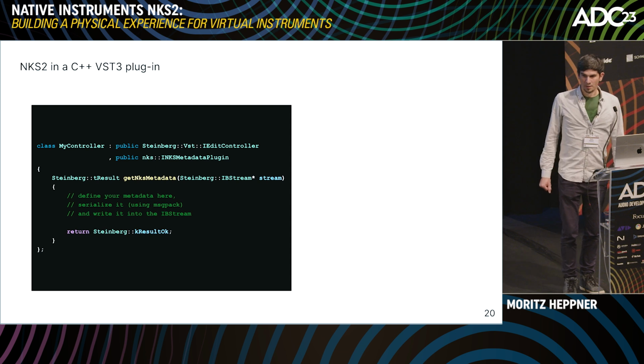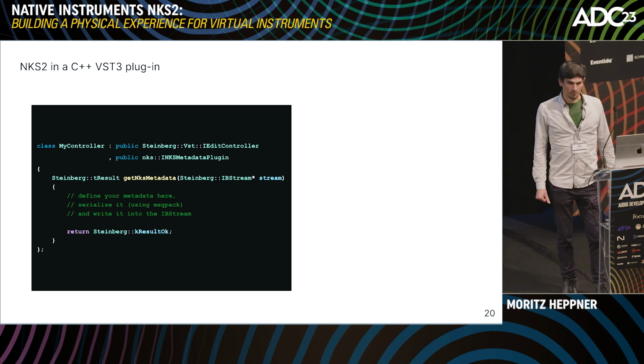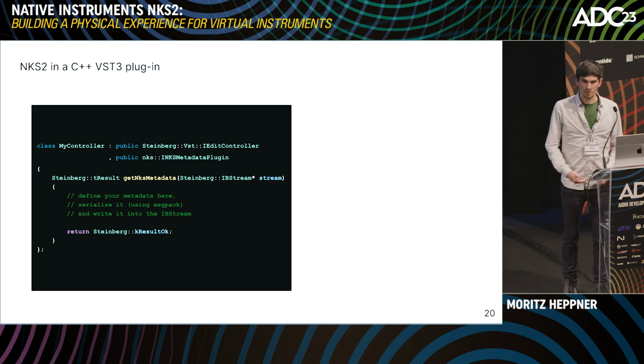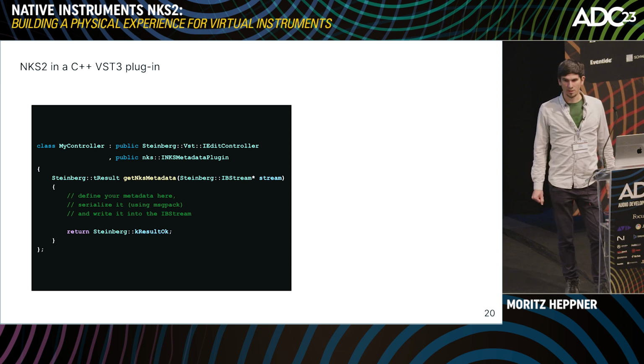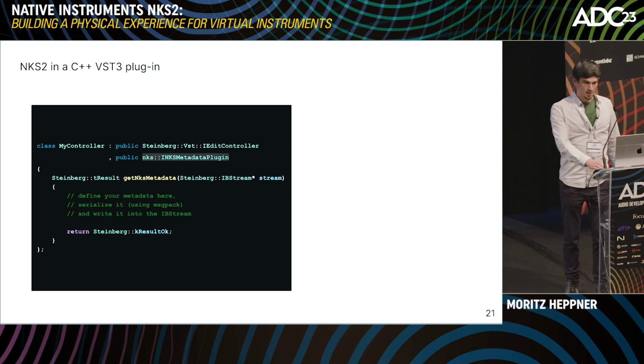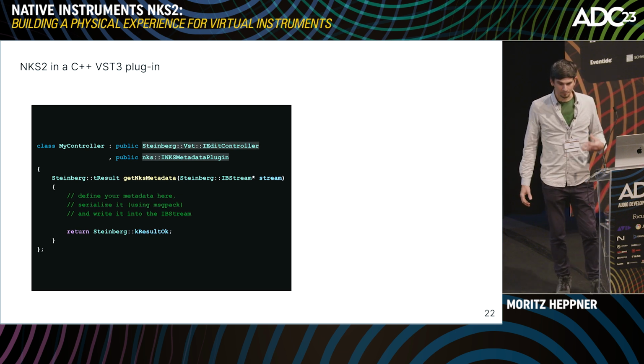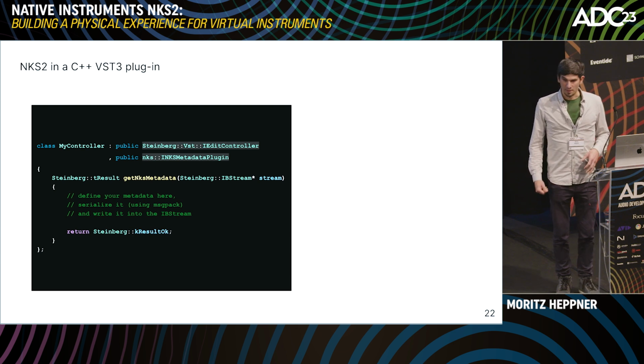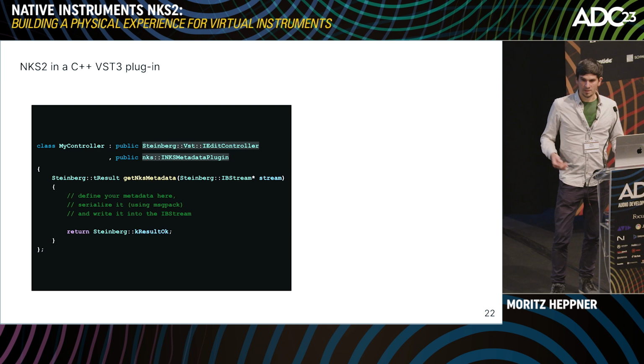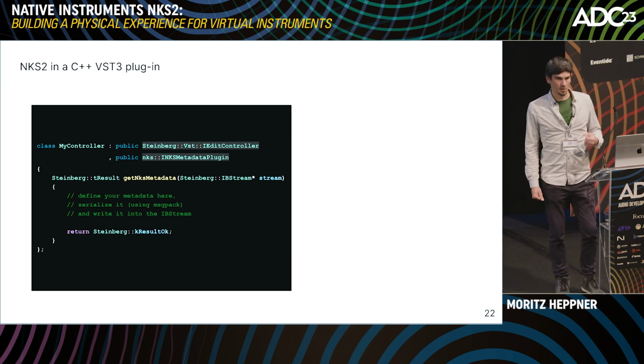For NKS2, we have created a new interface called NKS metadata plugin. This basically lives on the same level as your edit controller, which is basically the front end of your VST3 plugin.